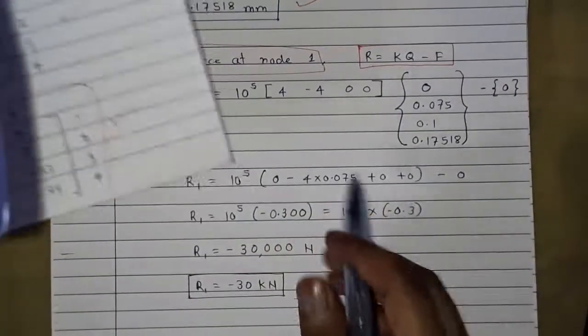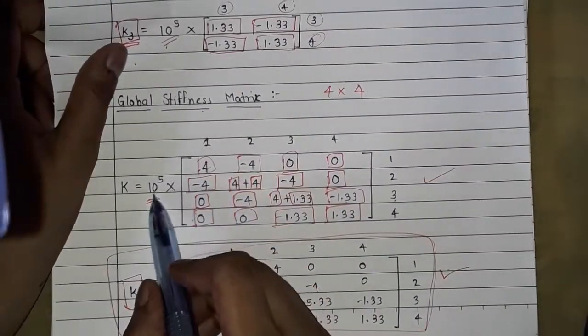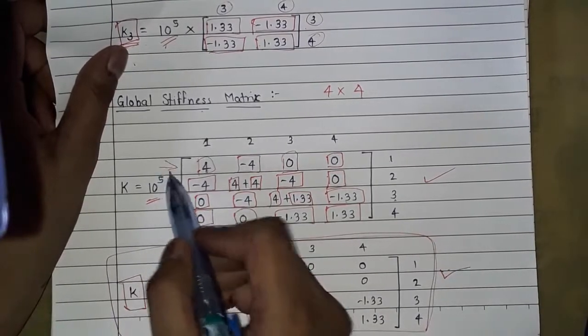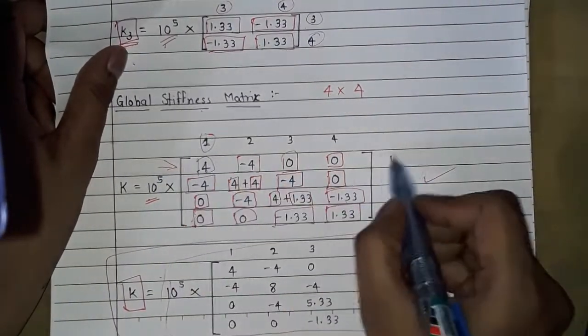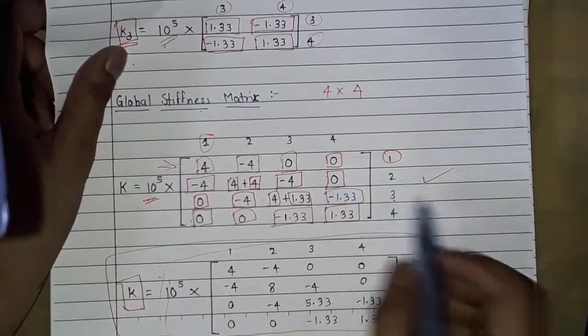This is for node 1, so we will take the value of this first row.